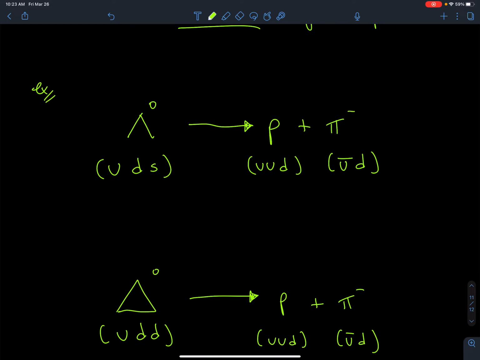So the baryon number would be plus 1/3, plus 1/3, plus 1/3. The baryon number is 1, so it's a baryon. It exists in the nucleus. It's a very large neutron. Now the charge would be positive 2/3, negative 1/3. And if it's a big neutron, I imagine S is negative.